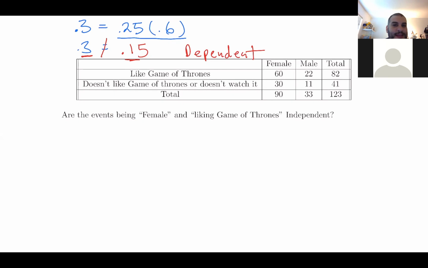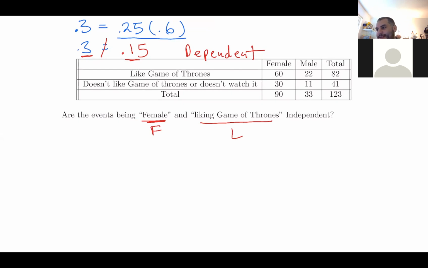If they're dependent, it means your gender should influence whether you're going to like Game of Thrones or not. So I'm going to say female is equal to F, and liking Game of Thrones is L.